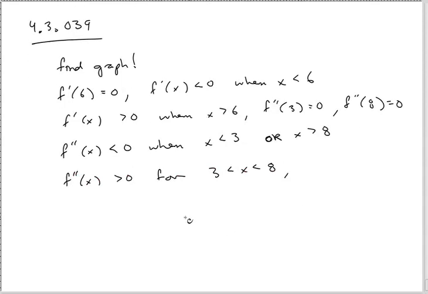We're not done. The limit as x goes to infinity of f of x is equal to 3. And the limit as x goes to negative infinity is equal to 3.